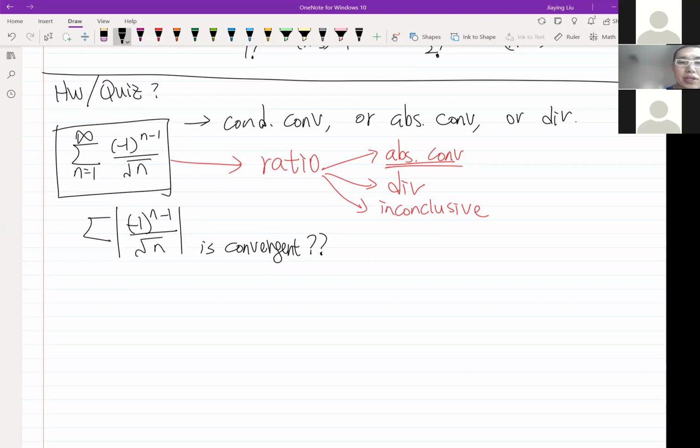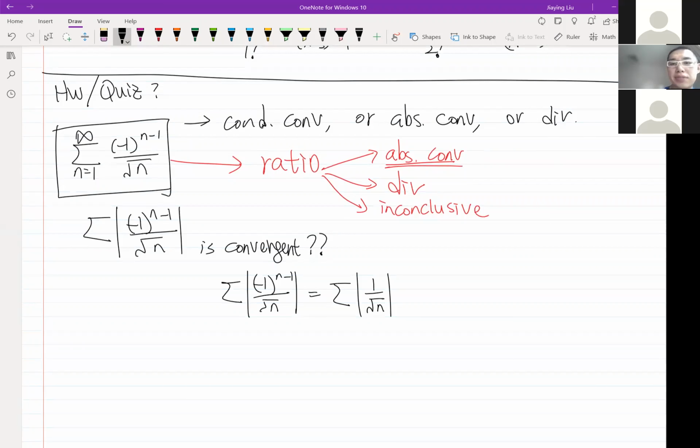Let's find out, right? So take this series with absolute values. So that's (-1)^(n-1) divided by square root of n. And when we take the absolute value of -1, as we talked about before, that just becomes +1, right? Just 1 over square root of n.